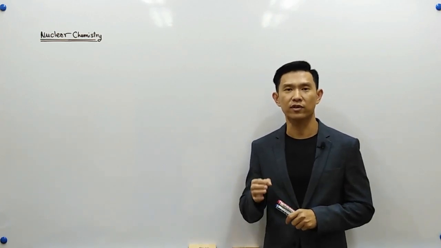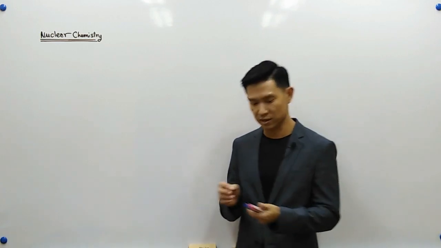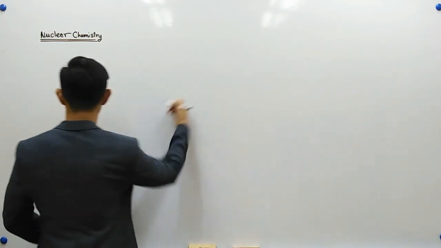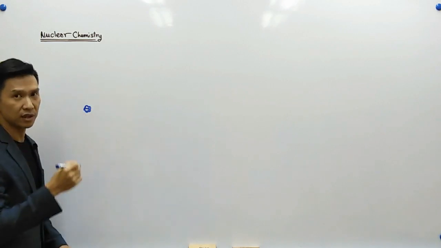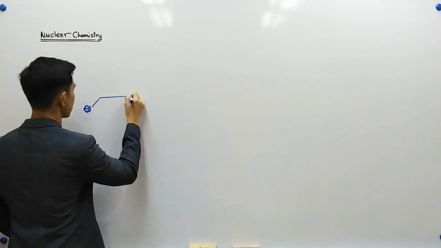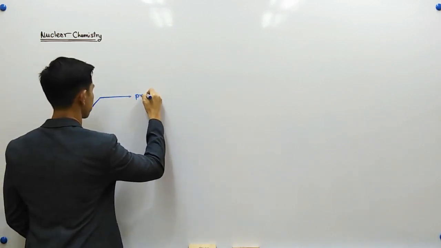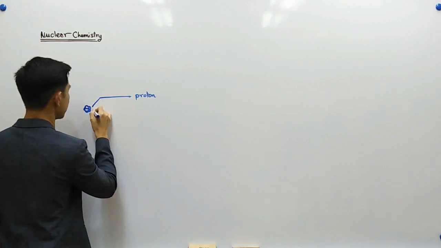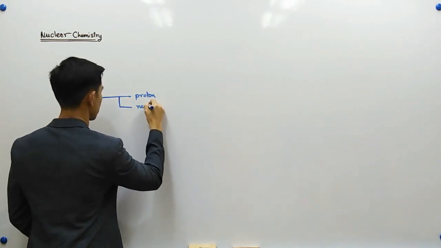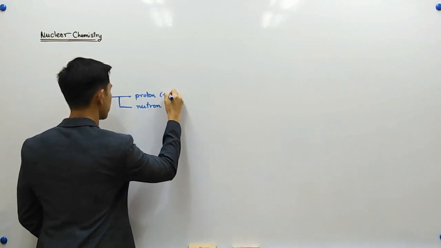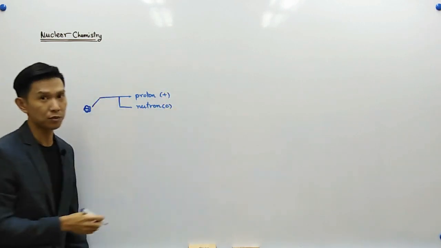So first of all, we have to understand what is inside the nucleus. You know from high school that the nucleus is normally composed of two major things. First is the proton, and secondly there is the neutron. Proton is positively charged, neutron is neutral.